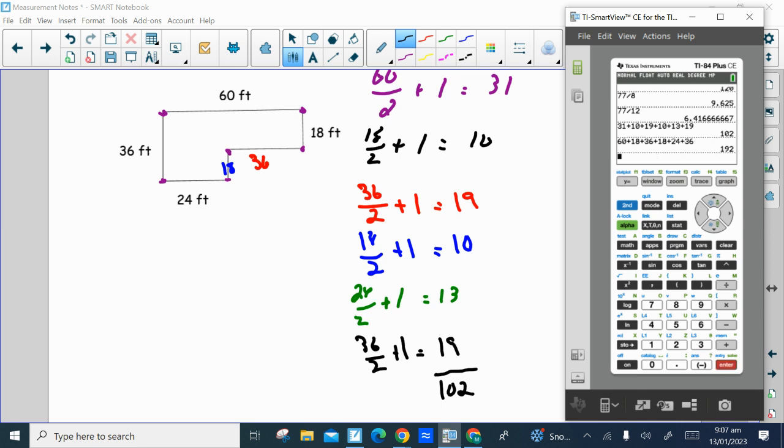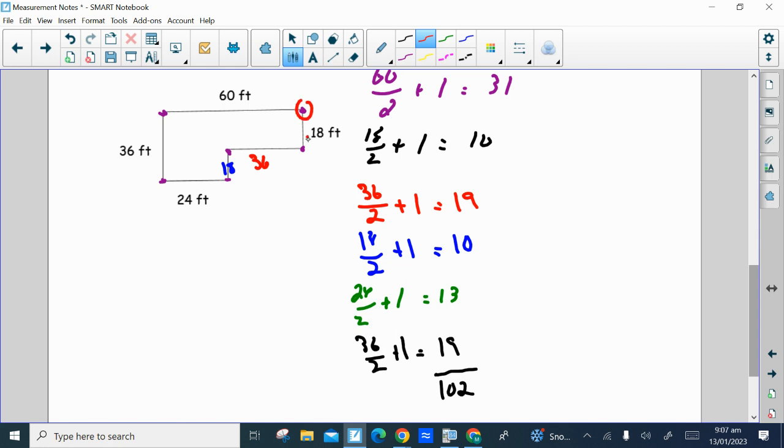That's a total perimeter of 192. If we divide that by 2 and add 1, we're short 5 studs. And the reason for that is because using that formula, you're only going to get the studs, you're going to miss 5 of the corners. That's why we're short 5.